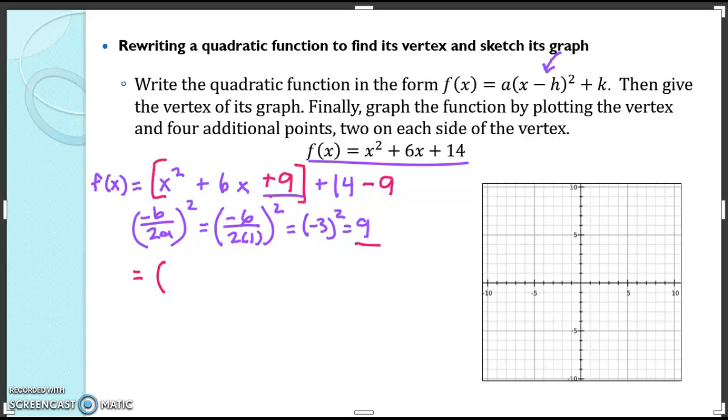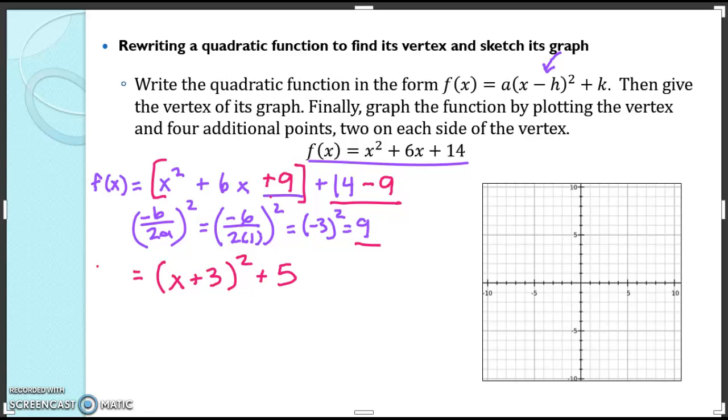And this portion factors to x plus 3 squared. That was the purpose, so I could get a squared there. And then what do I have left over? I have plus 5 left over.